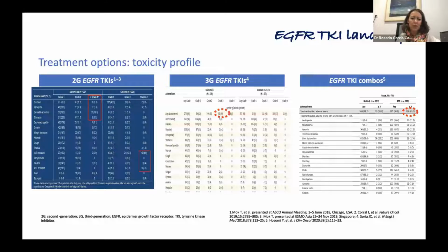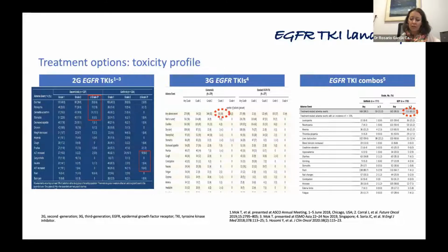Compared to chemotherapy, I think that these agents have a very mild toxicity profile. When we look at the second-generation tyrosine kinase inhibitors, I think that the most relevant negative aspects in terms of toxicity are related to gastrointestinal and cutaneous toxicity.